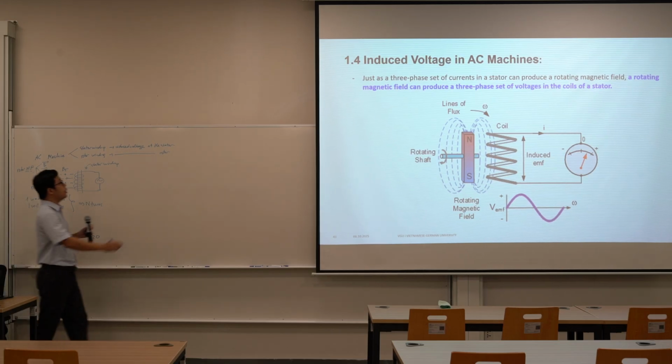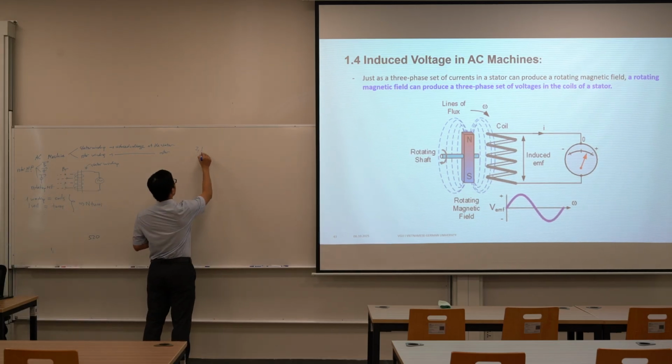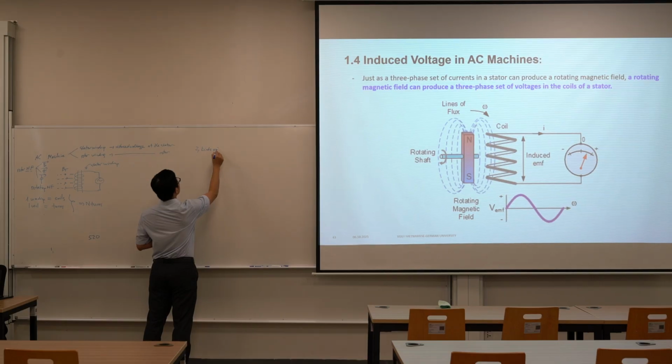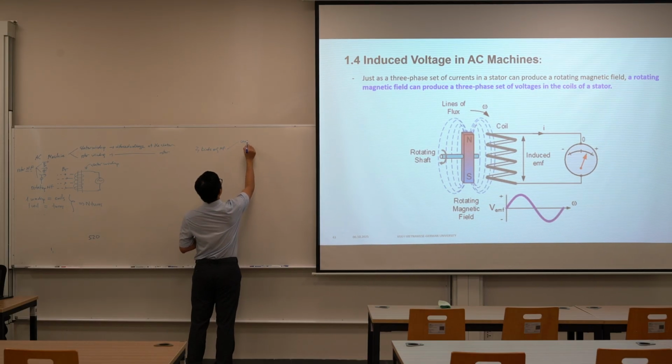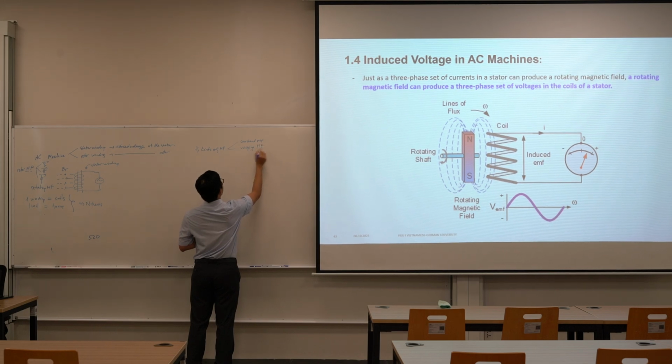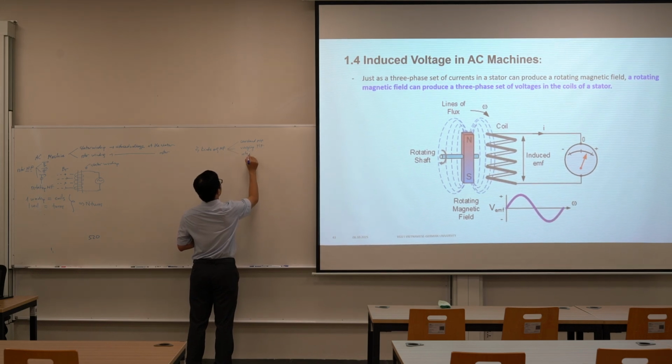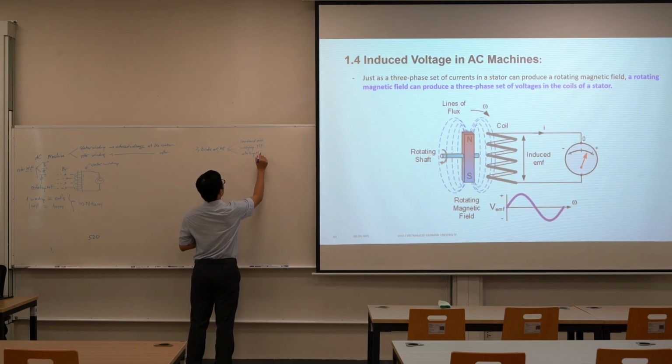So we have three kinds of magnetic fields. The first one is the constant magnetic field, the second one is the varying magnetic field, and the last one is the rotating magnetic field.